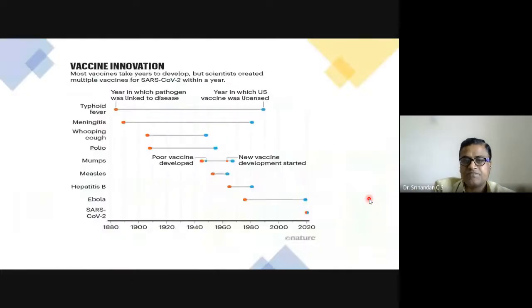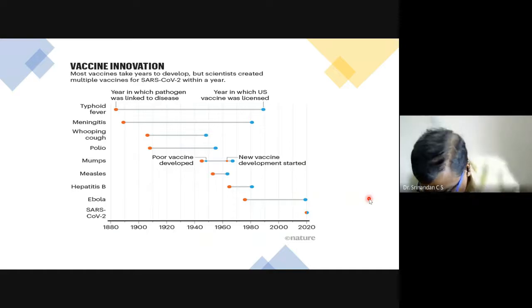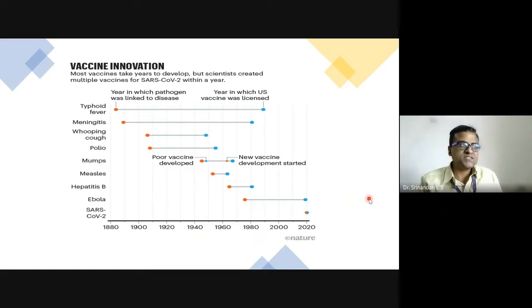Let's see that. Now, one example, a recent one, because we are aware of this, is the coronavirus vaccine. You can see when vaccines were discovered. The typhoid vaccine has taken from 1880 to nearly 1990 or something.